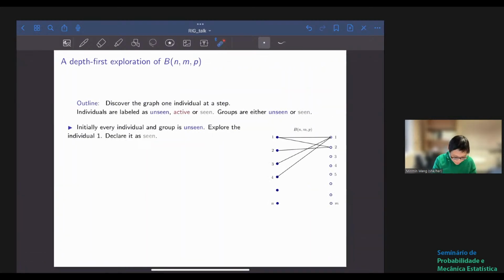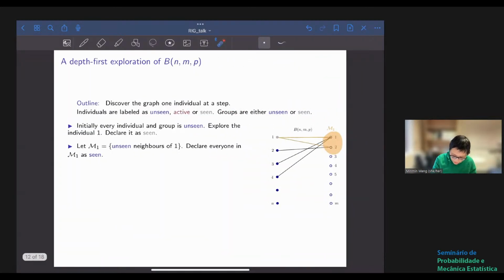To start this exploration, we first declare every individual and group as unseen. Then we need to start somewhere, so let's just pick the individual one. Immediately we declare it as seen. What we're going to do here is explore the neighborhood of this individual. All its neighbors are on the side of groups.